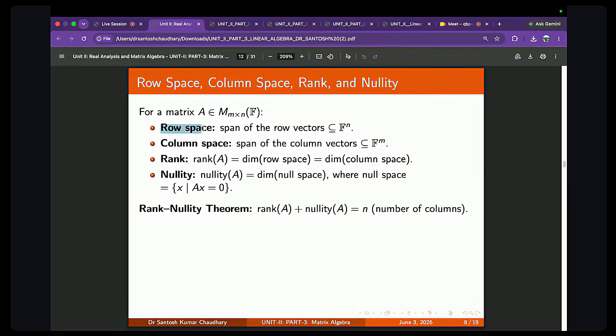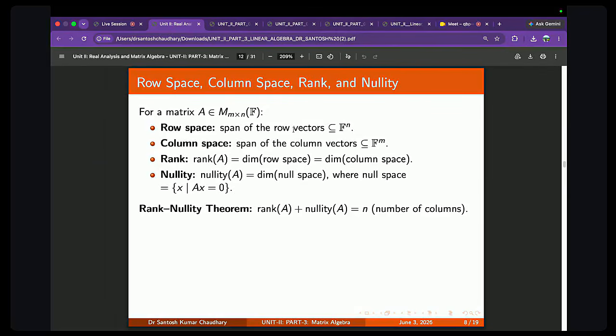So what is a row space? It's the span of the row vectors. Suppose it has M number of rows. You can take the first row as V1, second row as V2, third row as V3, and the mth row as Vm. So V1, V2, Vm are vectors, and you take the span of that, the set of linear combinations of row vectors.